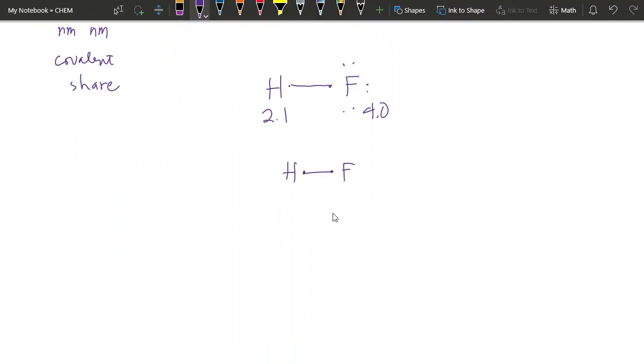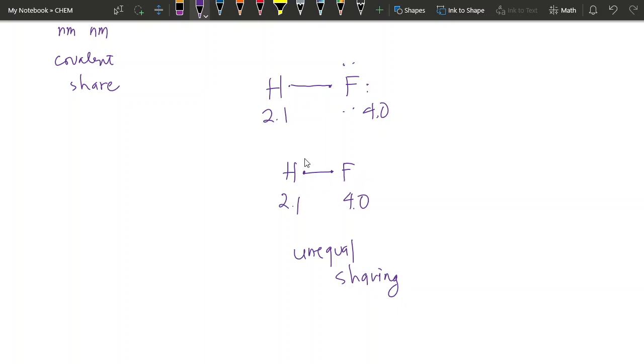So here we have different strength, obviously. So fluorine is obviously much more electronegative compared to hydrogen. So here fluorine is pulling these 2 electrons more towards itself. So in this case, they are sharing these electrons, but it's not an equal sharing, because again, fluorine is much more powerful in attracting these electrons towards itself.